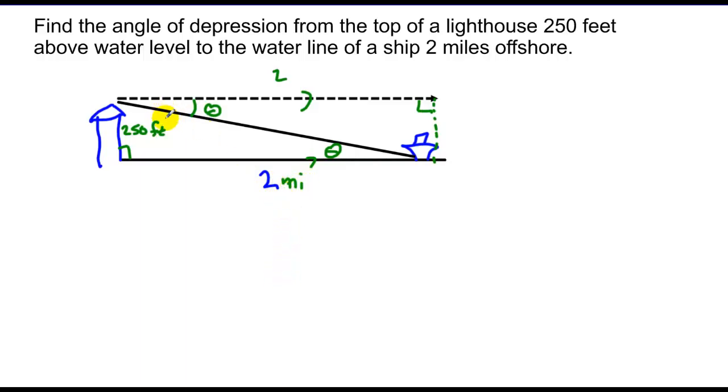Problem is now we've got a unit issue, and we need to convert from feet to miles or miles to feet. Probably easier to go down. So we know if we have 2 miles, you can do dimensional analysis and say that there are 5,280 feet in 1 mile.